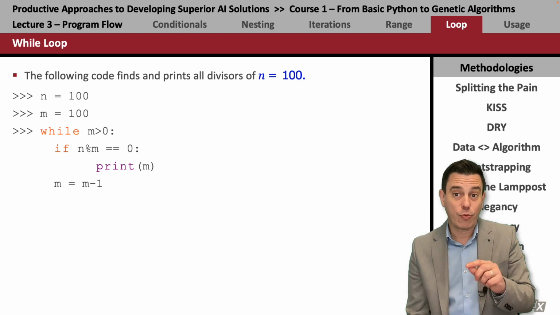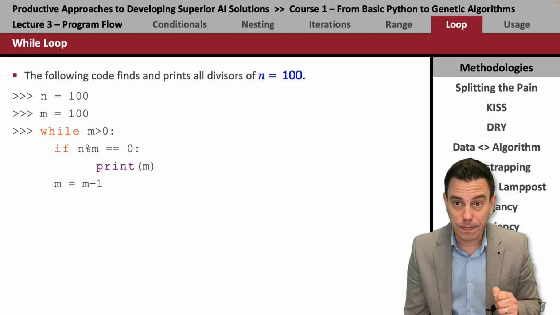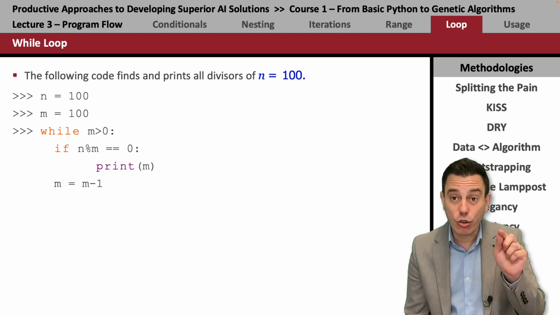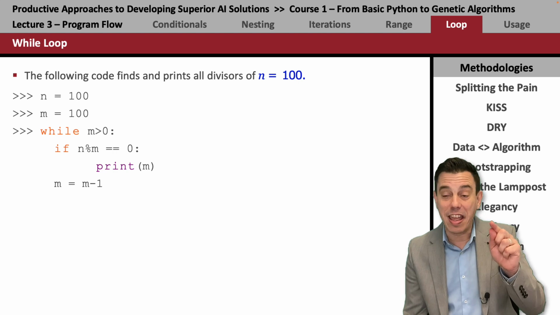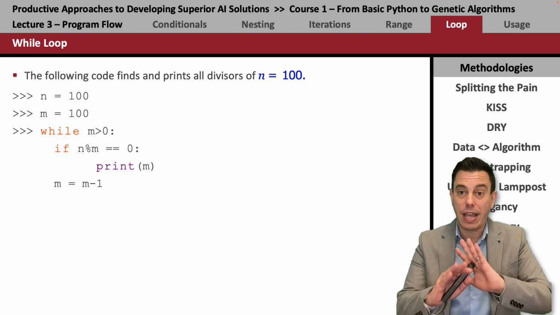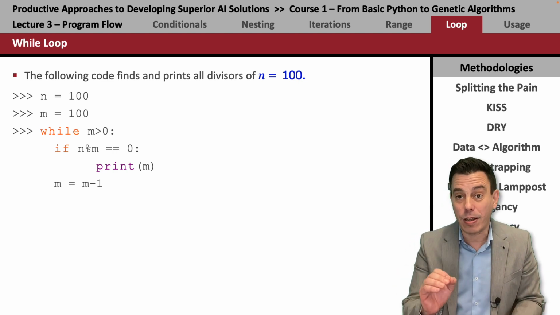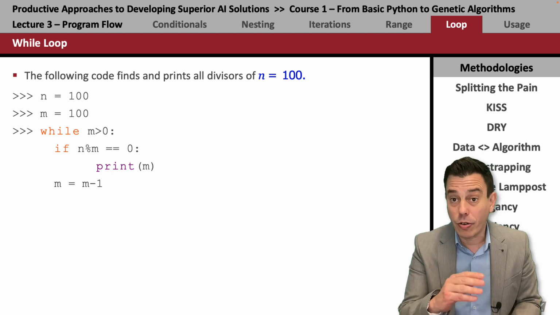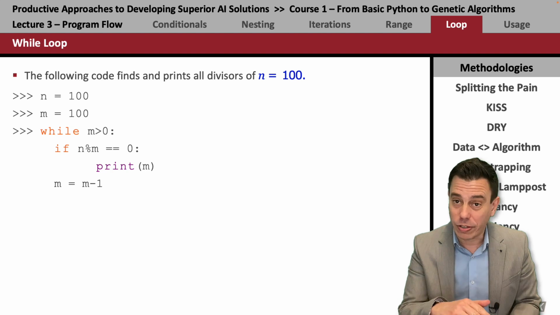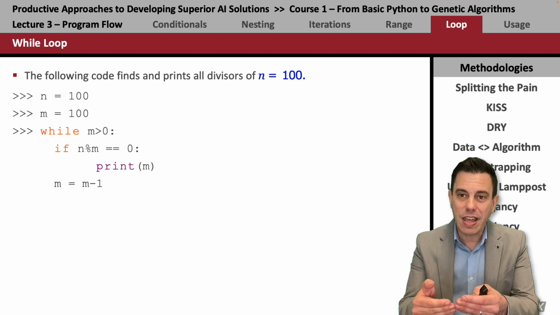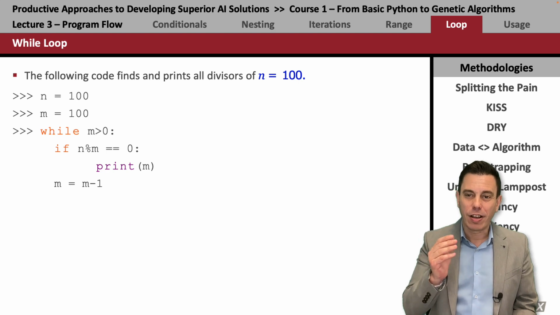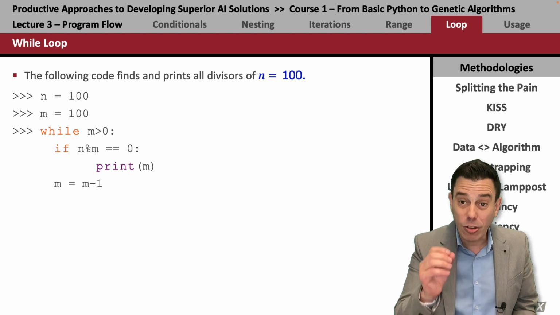The next step will be to reduce m by 1. And notice that this operation should not be inside the if. It should happen anyway in every step of the iteration, in every step of the loop, whether m divides n or not. And this is why the indentation is narrower. We went back to the hierarchy of the scope of the loop.